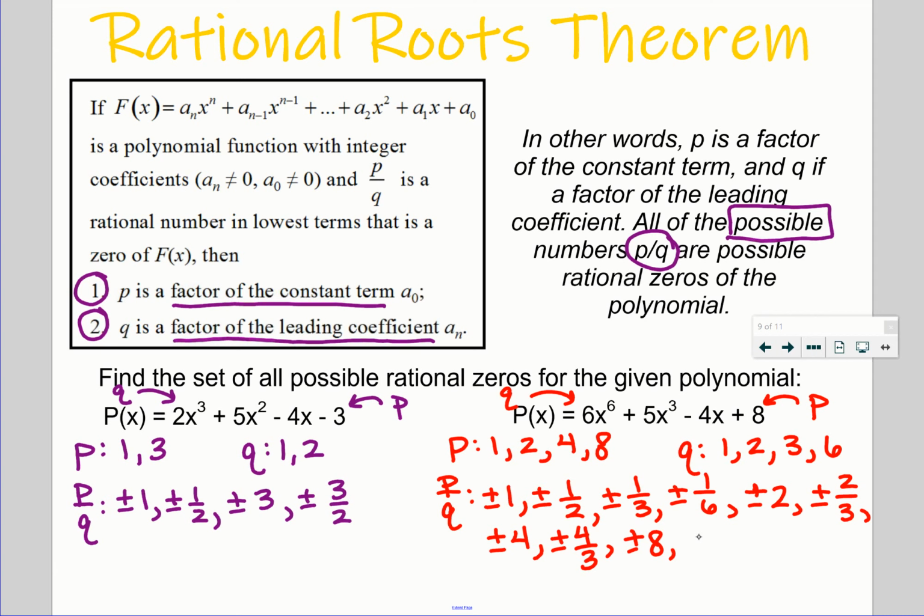It's already on my list. 8 over 3. And 8 over 6 is 4/3. It's already on my list. So I actually don't need that last comma there. We'll get rid of that. And so now the number of possible rational zeros are 1, 2, 3, 4, 5, 6, 7, 8, 9, 10. There's 20 possible rational zeros on this list.